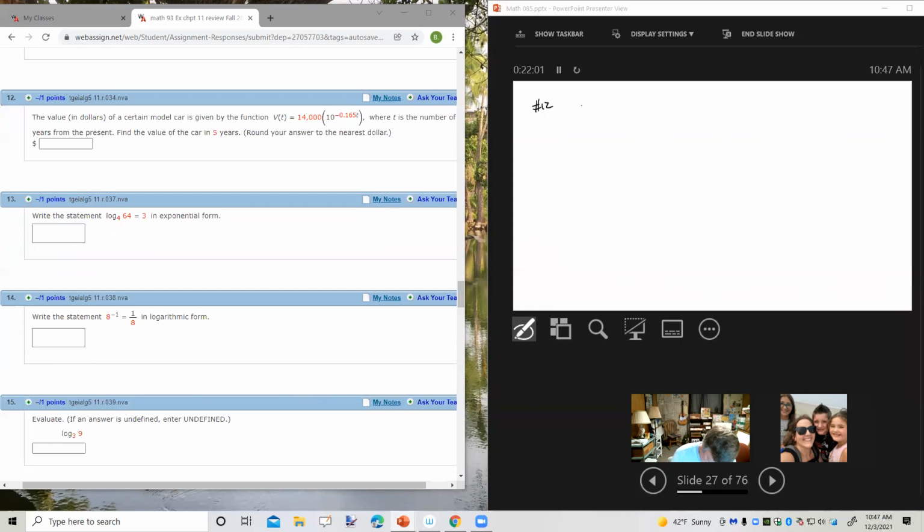So basically, V of 5 would equal 14,000 times 10 to the negative 0.165 times 5. Okay.